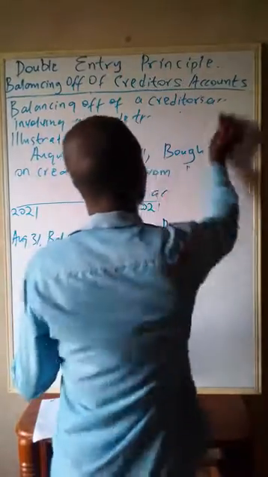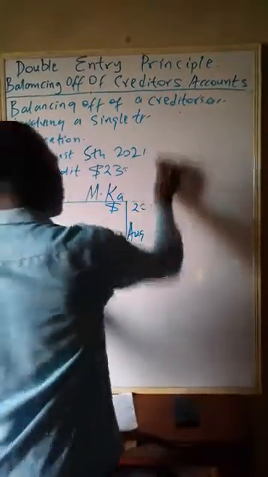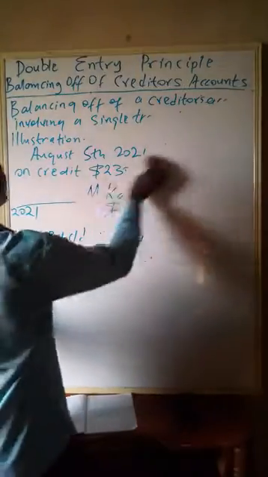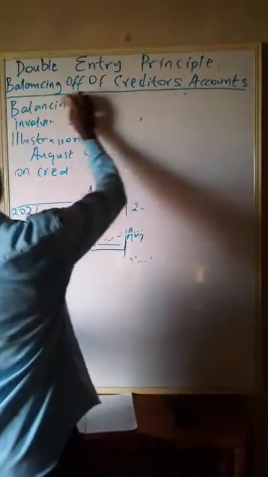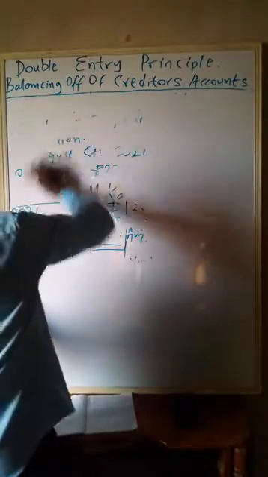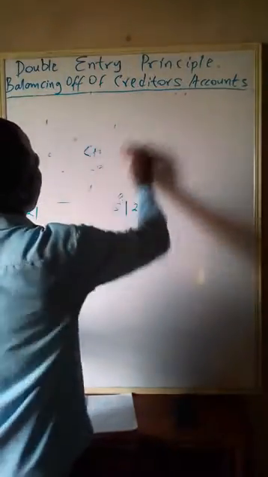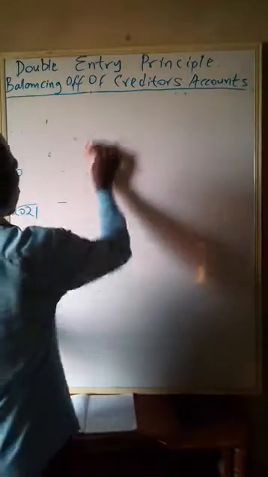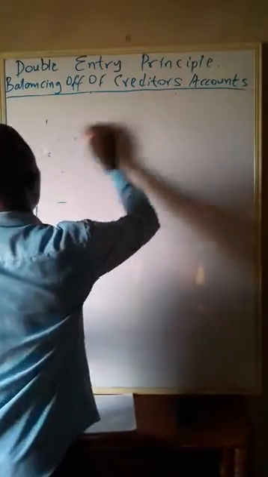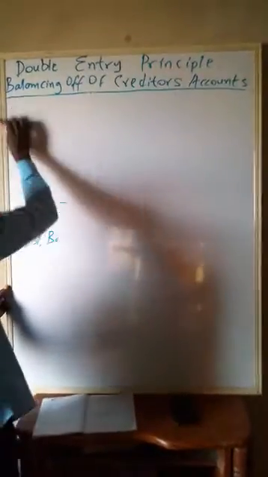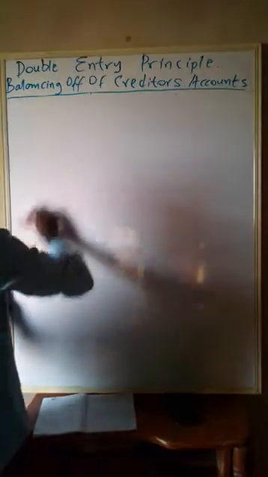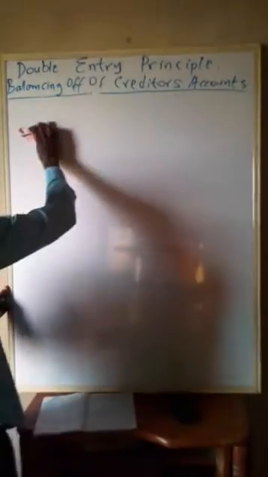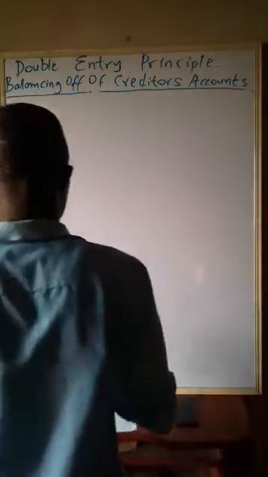That's the next one that we are presenting. This one that we just did is a single transaction when the company is owing the supplier. The one we are doing next is the one that is more than a single transaction and the company is still owing the supplier.